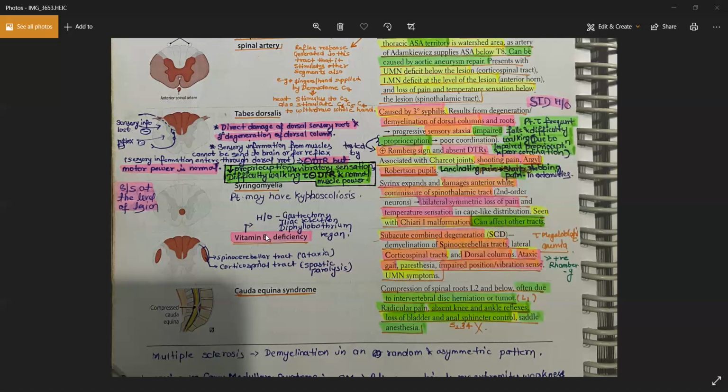What other vitamin deficiency can cause the subacute combined degeneration syndrome? Vitamin E deficiency, exactly. And what other disease can present just like the vitamin B12 deficiency, the subacute combined degeneration, other than a vitamin deficiency?